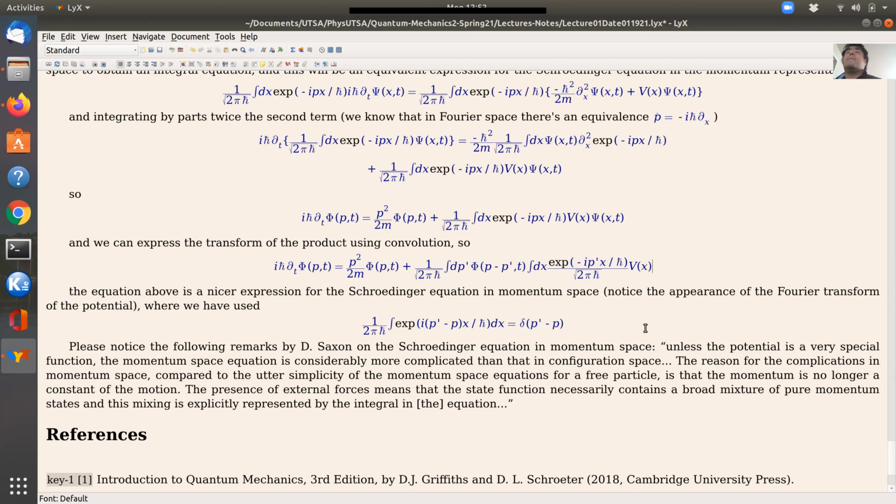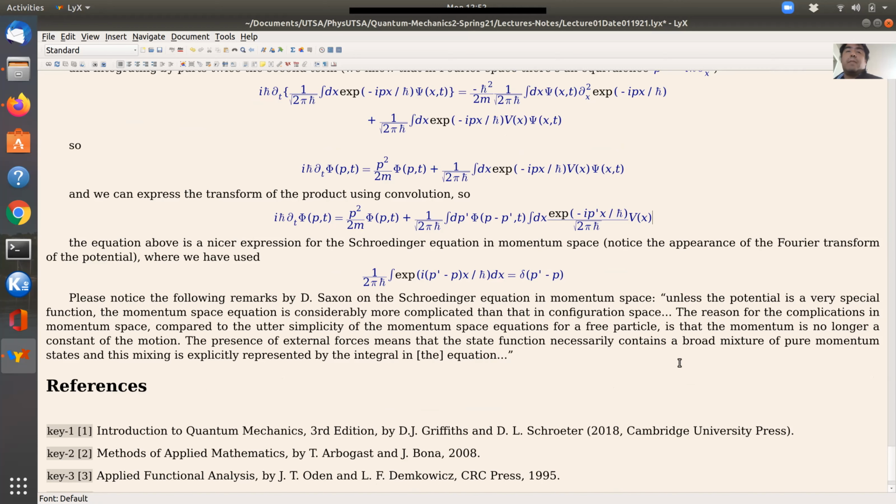This would look nice, but it's a little bit complicated and it's not that convenient to use. In fact, there is a book by Saxon where there is the following remark on the usefulness of this Schrodinger equation in momentum space: unless the potential is a very special function, the momentum space equation is way more complicated than in position space.